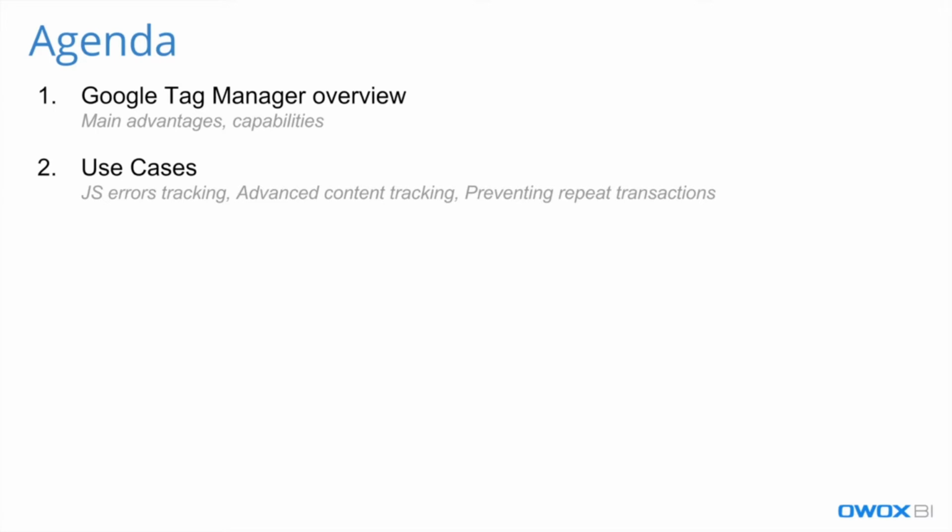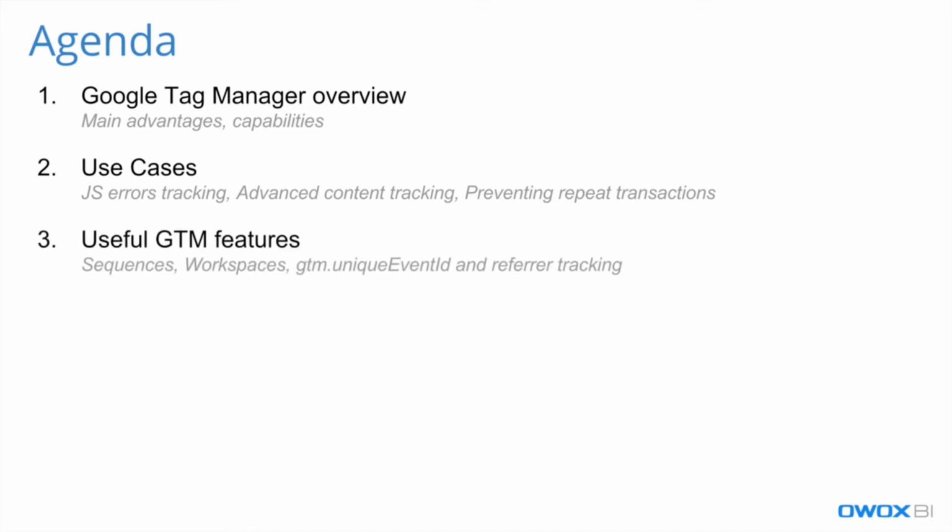These are JS errors tracking, which you can easily set up with the service, advanced content tracking, and a very popular problem, sending several transactions instead of one, which increases the revenue, and you will have many questions about your data after that. So GTM helps to avoid this.